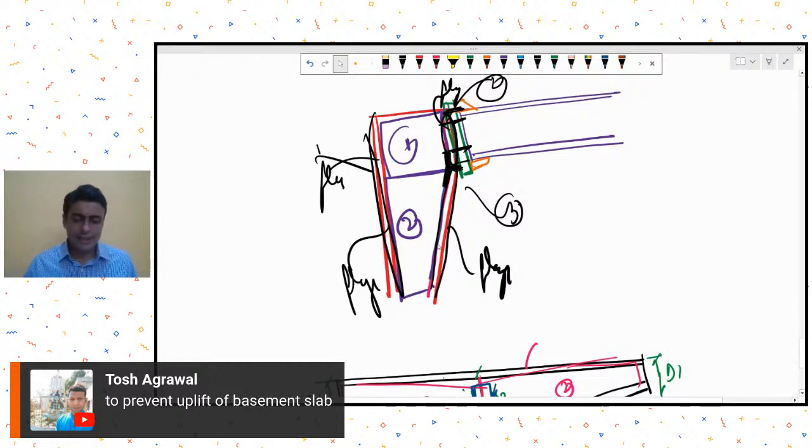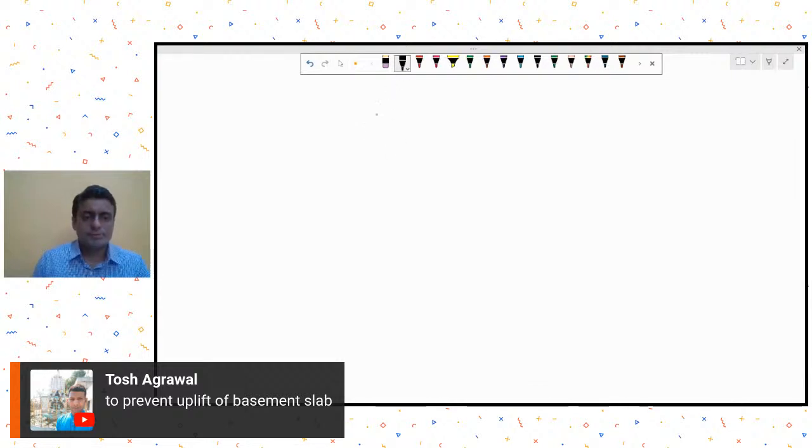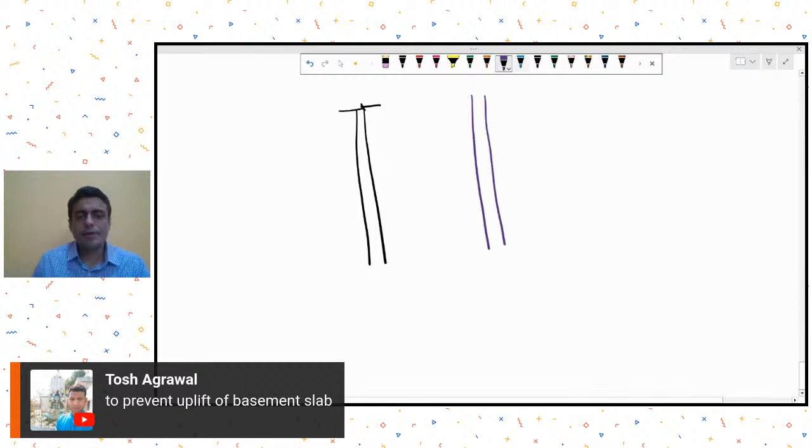I think what he's saying is, suppose I have this situation. Let's say this is my basement wall. I'm trying to draw a cross section, and these are my internal columns. The internal columns have been provided footing at a lower depth.